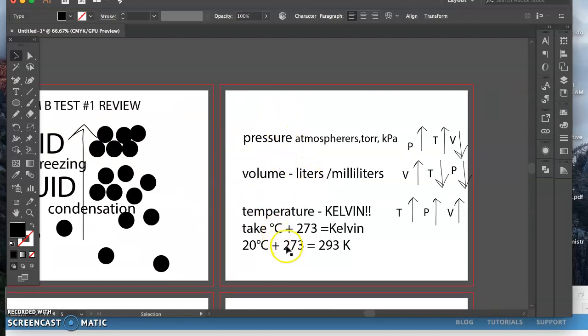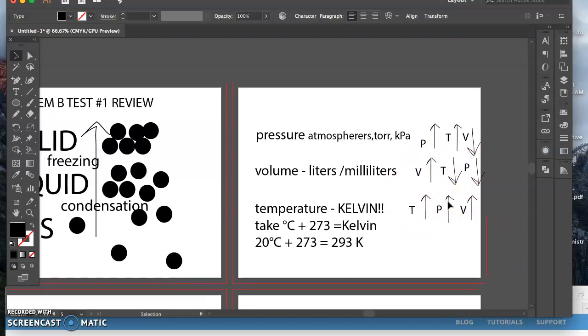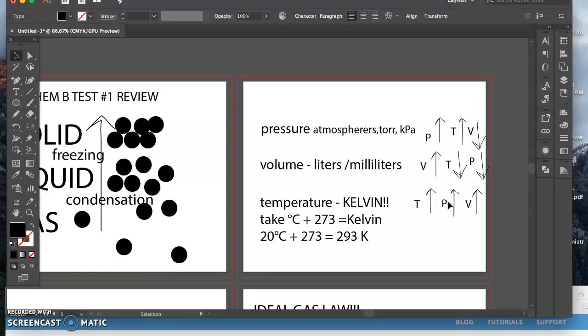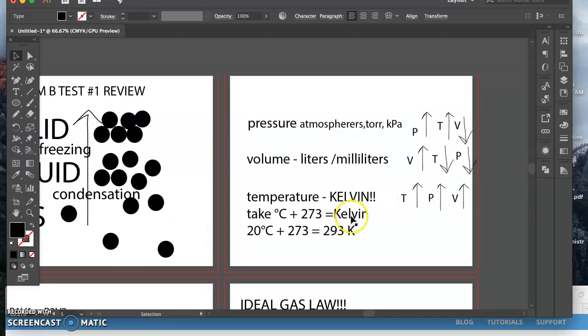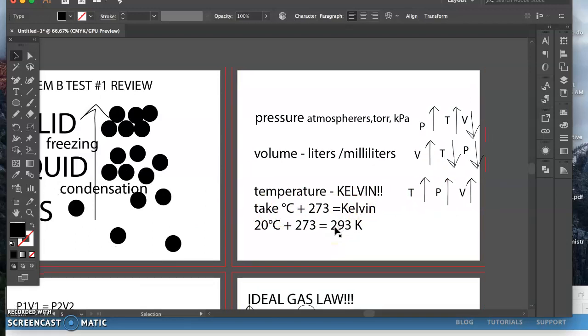We had these three things we measure with gases: pressure, volume, and temperature. Pressure goes up, temperature goes up, volume goes down. Volume goes up, temperature and pressure go down. And if temperature goes up, pressure and volume go up, or at least one of them goes up. And again, we're always measuring temperature in Kelvin, which is degrees C plus 273.